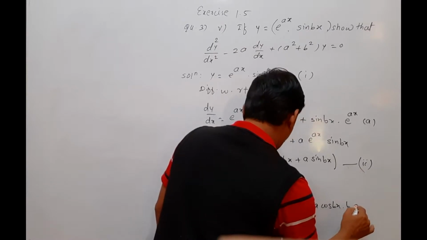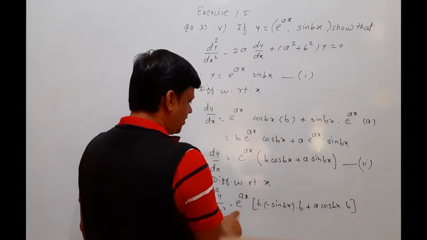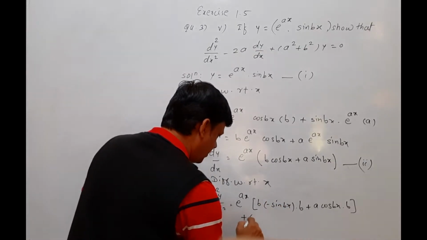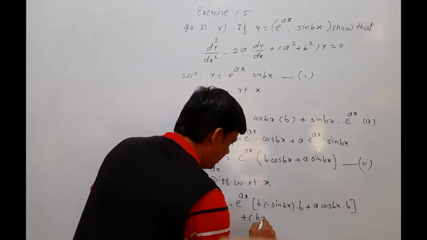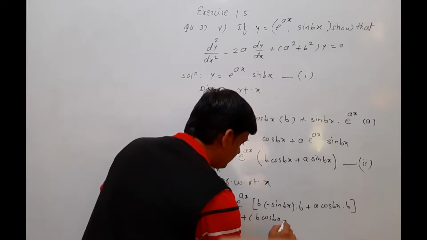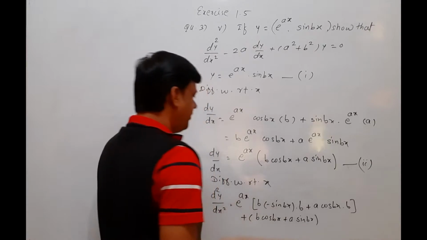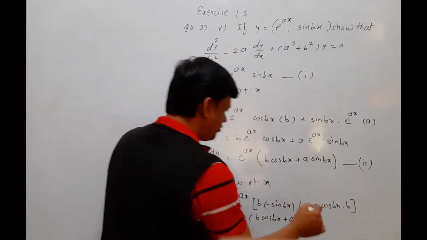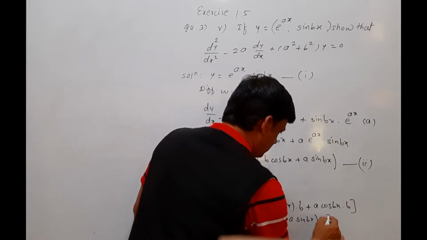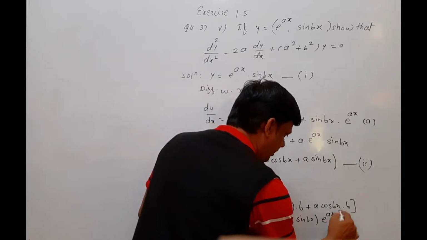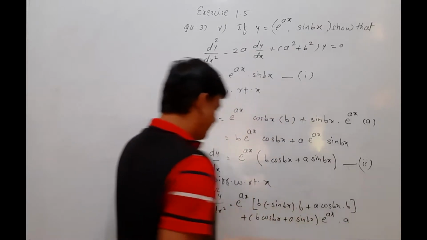So here we write first function into derivative of second function plus second function into derivative of first. The second function is b cos bx plus a sin bx into derivative of e raised to the power ax, which is e raised to the power ax into derivative of ax, that is a.